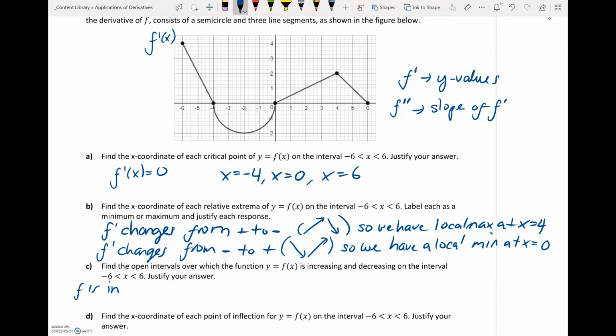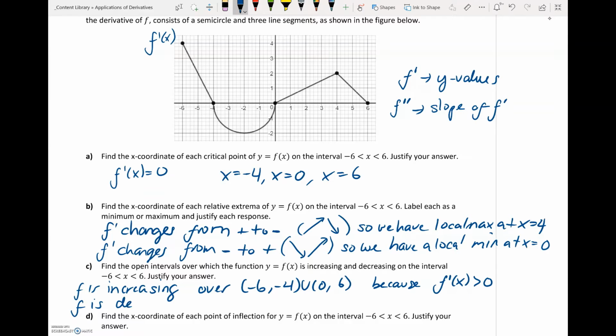So f is increasing over -6 to -4 and 0 to 6, and this is because f prime of x is greater than 0. It's positive. Now we know f is decreasing when f prime is negative, and this occurs between -4 and 0.